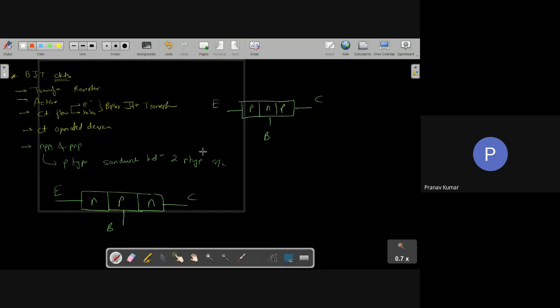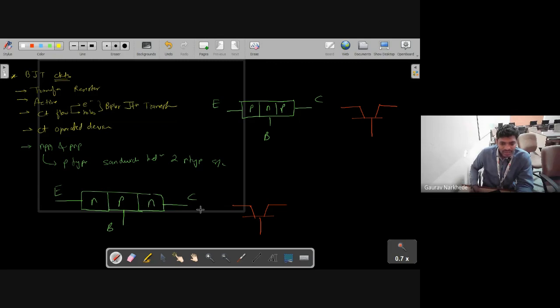Now the symbol is simple, right? The symbol for both transistors is simple like this. The only difference is the arrow on the emitter. So in an NPN transistor, the arrow is outwards. This is emitter, base, collector.